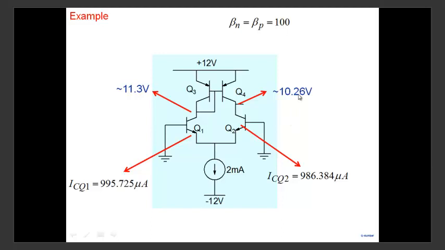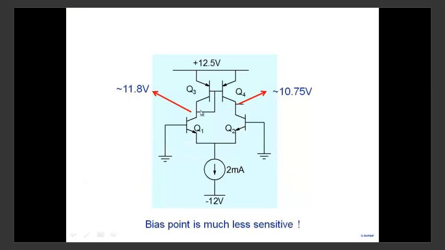All the transistors are in linear region. To ensure that the biasing is stable, let me change the supply voltage to 12.5. Still, all the transistors are in linear mode. All right, so all the transistors stay in linear mode when I change, as an example, the supply voltage, and your circuit works fine. All right, so I'm not going to spend time on this.